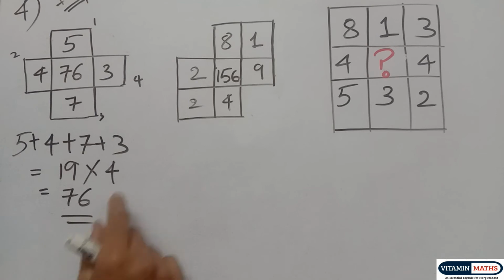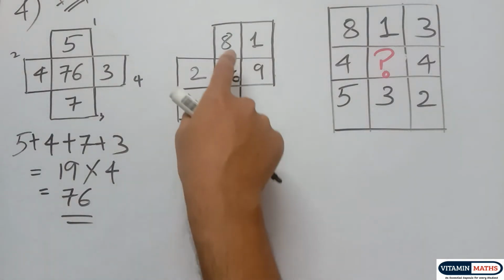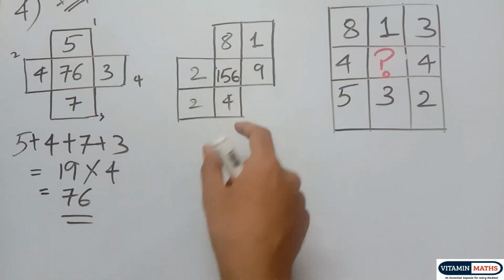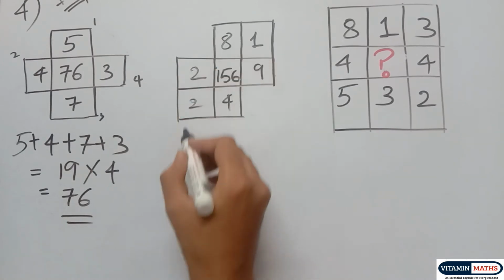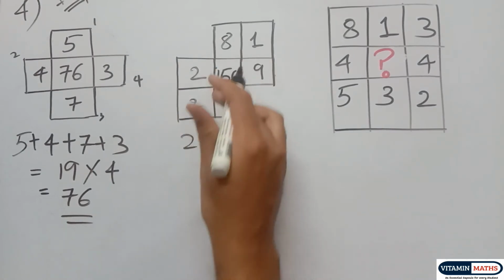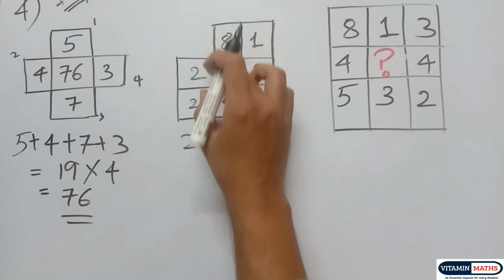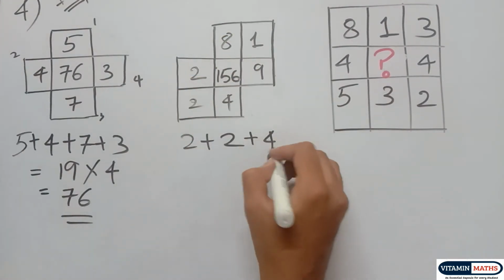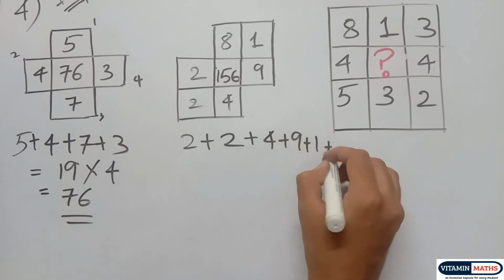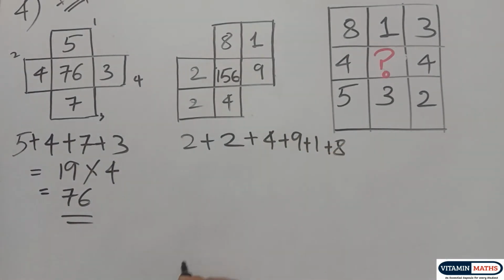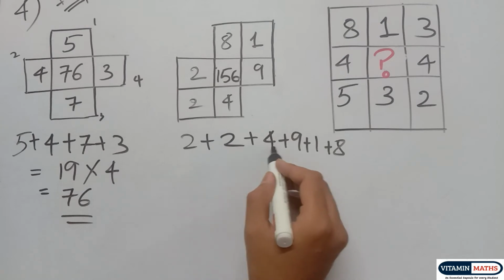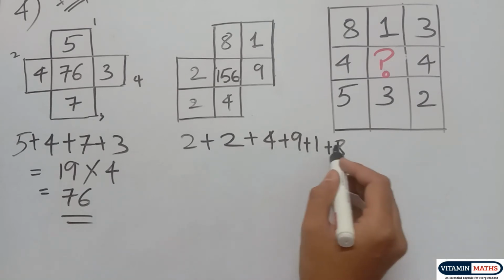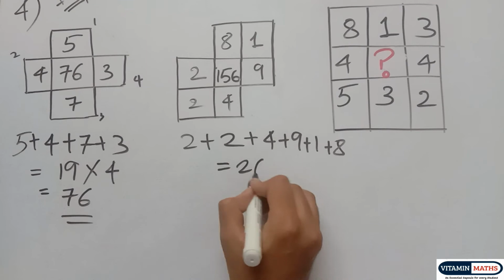Let's check it for the other box here, like the table. Now 2 plus 2, leaving the center number, since the center box should not be taken. 2 plus 2 plus 4 plus 9 plus 1 plus 8. 4 plus 4 is 8, 8 plus 9 is 17, 18, 26. So 26.